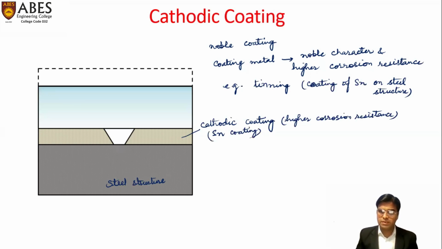Now, because it has higher corrosion resistance and cathodic character as compared to steel, steel will work as anode here. This anode is separated from the corroding environment due to the presence of this coating, which is working as barrier.